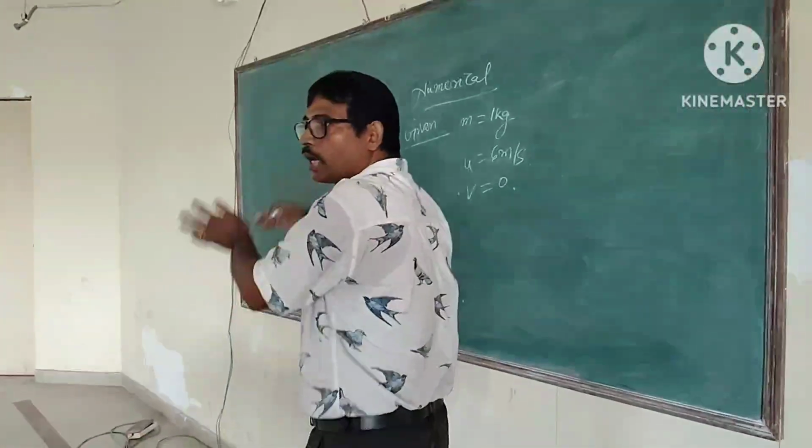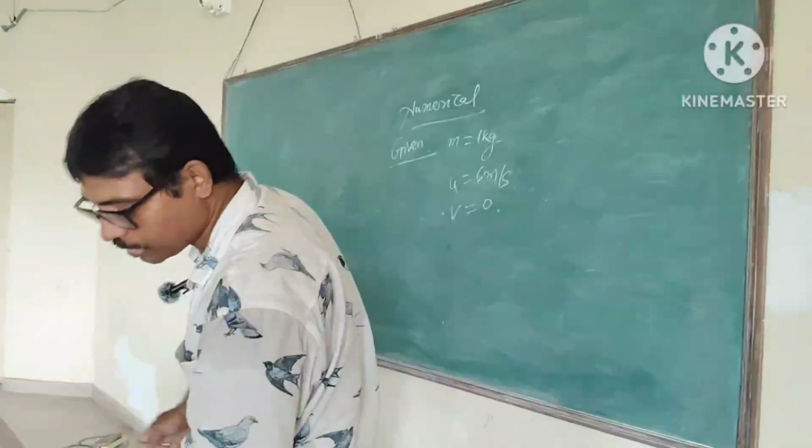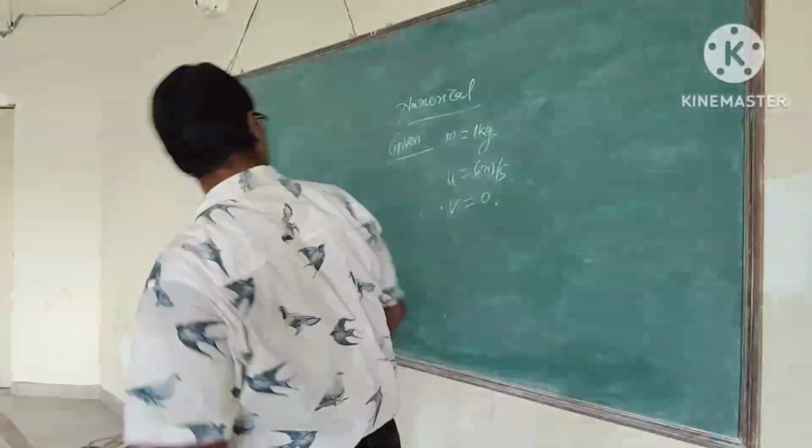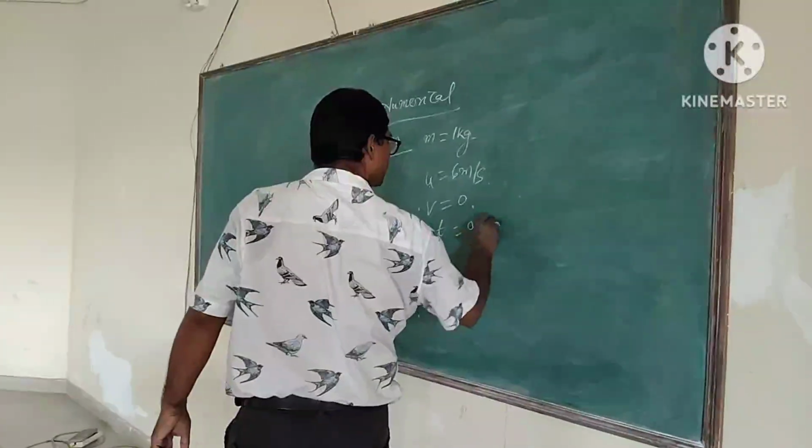स्ट्राइक से वॉल वहाँ लगा, कम्स टू रेस्ट, मतलब V हो गया 0, T हो गया 0.1 सेकेंड.